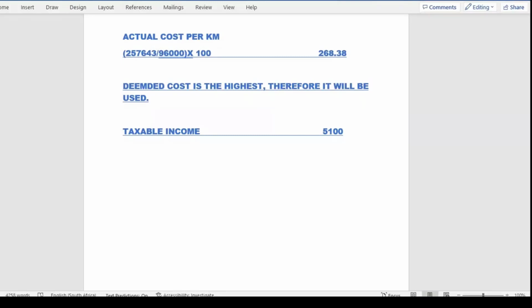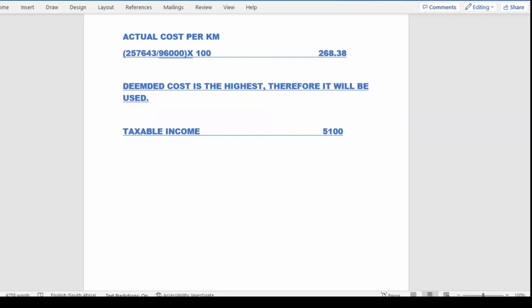The other thing you have to note down is how to calculate the deemed cost and the actual cost. Remember, the actual cost information is usually given. The only thing you must adjust is the wear and tear. The wear and tear is purely based on the cost of the vehicle, and you divide that by the limitation of 7 years, unless it gives you a specific number of years.